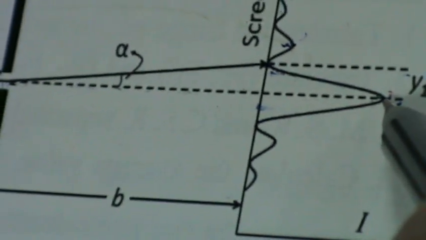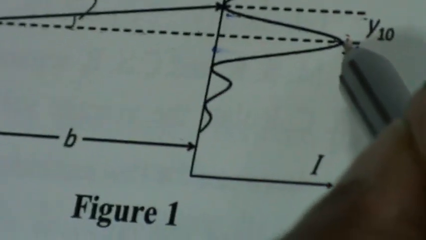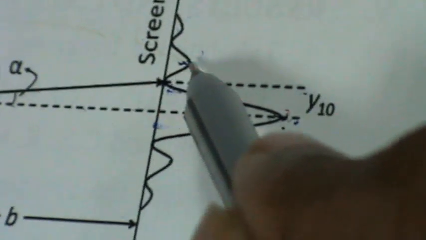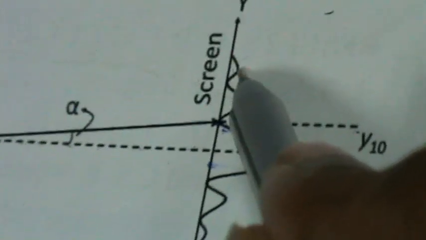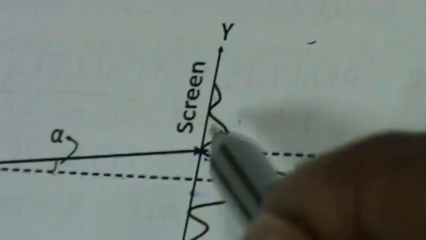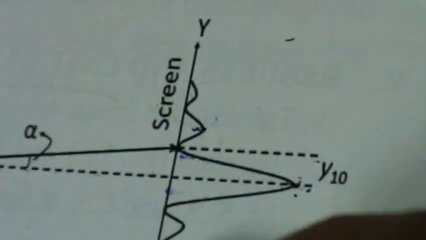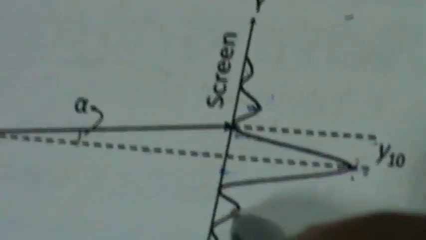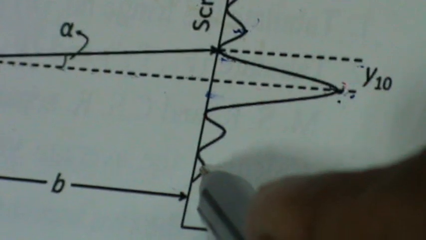This is undeviated beam, which is known as principal maximum. This is the first minimum. This is first secondary maximum, second minimum, second secondary maximum. Like that we can also designate here. This is first minimum on the other side, first secondary maximum, second minimum, second secondary maximum, etc.